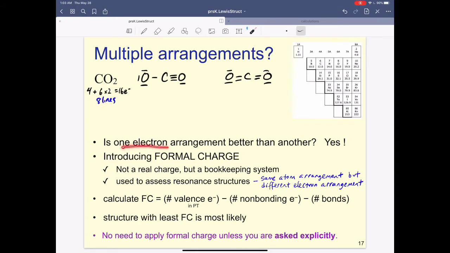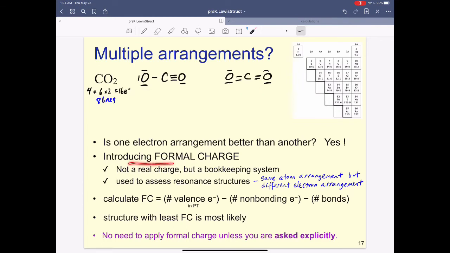Is one electron arrangement better than another? Well, yes, scientists have been able to do infrared studies and determine if a single and a triple or 2 doubles is what actually happens. And as a result of these studies, scientists have said, do we have a way we could predict this, looking at these 2 structures?